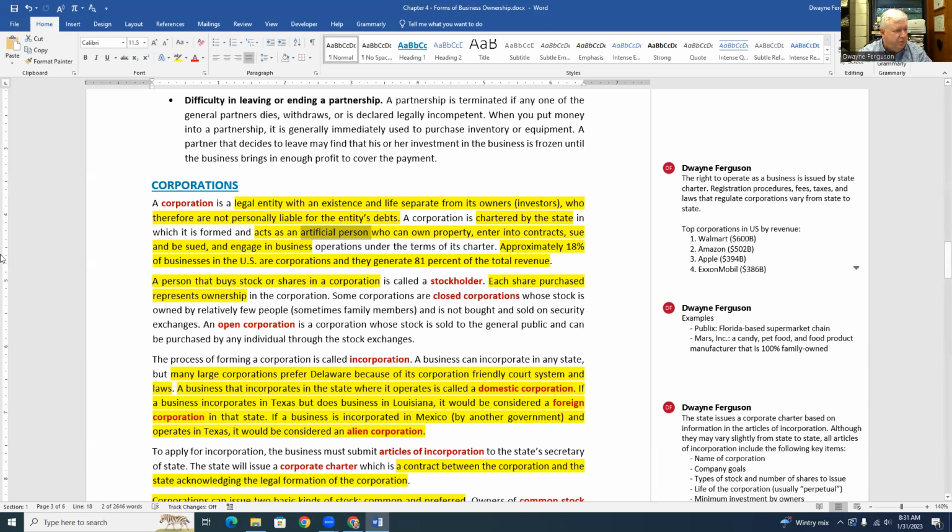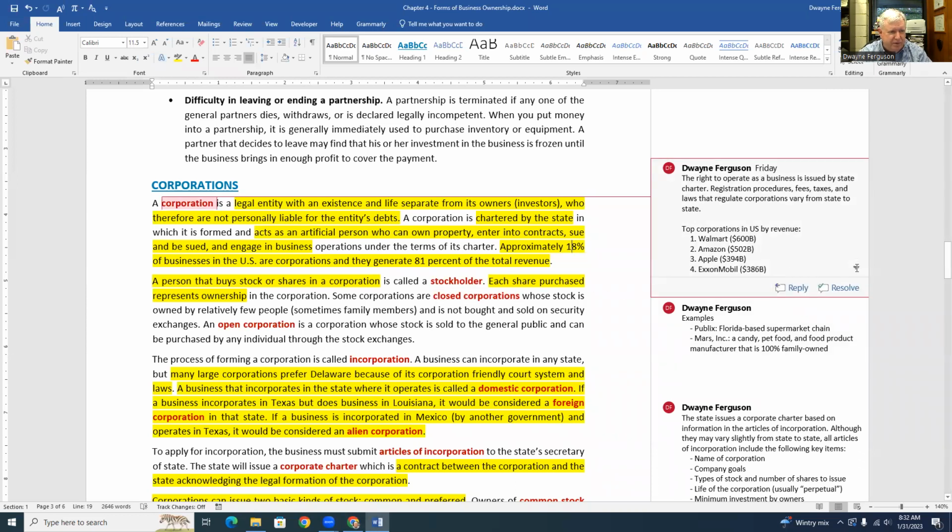Okay. So 18% of businesses are corporations, but notice they generate 81% of the total revenue. So over here on the side, I wrote down some information on the biggest U.S. companies in revenue. Of course, Walmart is huge. $600 billion they brought in revenue last year. Amazon, Apple, ExxonMobil.